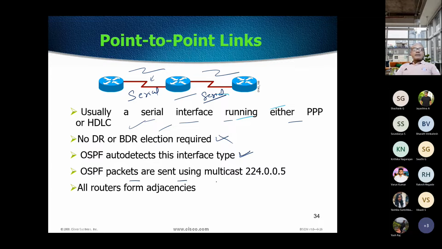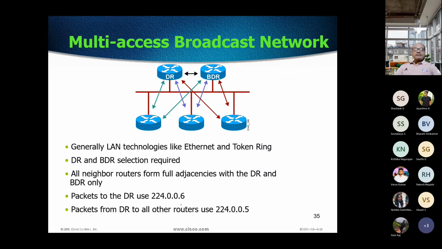OSPF packets are usually sent by multicasting to 224.0.0.5, and to receive, 224.0.0.6. Remember this, guys. Packets sent to the DR use .6. Packets from the DR to other routers use .5.